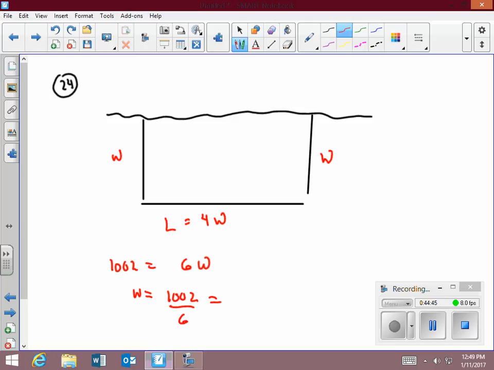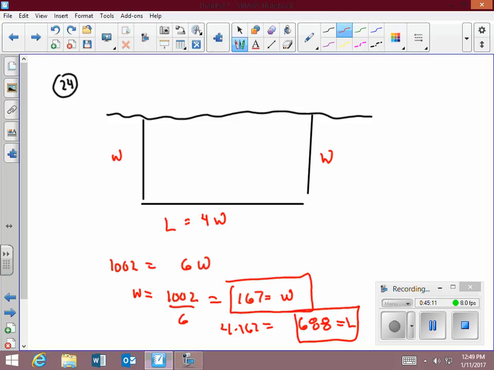Whatever that number is. 167. And then 4 times that 167 is going to be 688. So that's the width, this is the length. That's just a problem that you did in algebra.